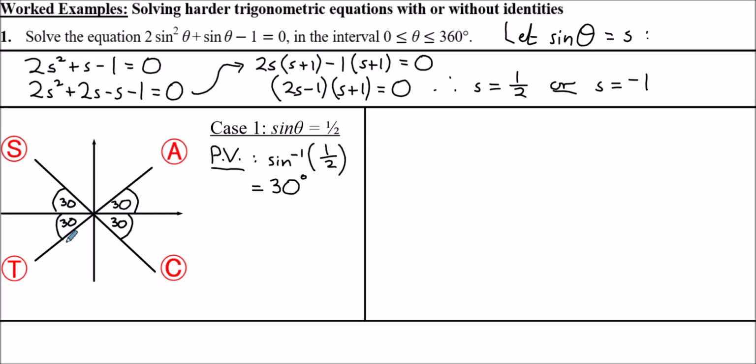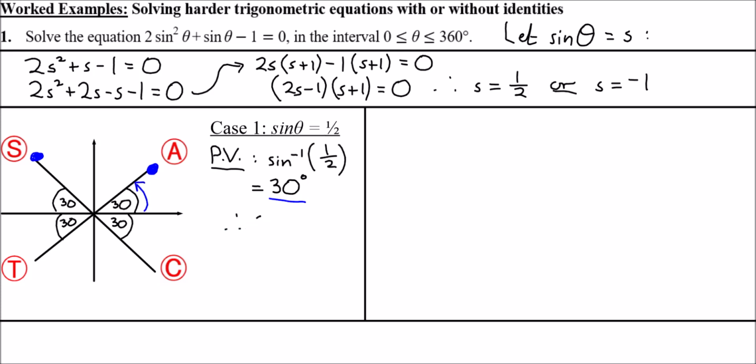Next we can see here sine theta needs to be positive half in this case. And so where is the sine function positive? Well, it's positive here, because A is for all trig functions positive, and it's also positive in the S quadrant. And so we can either have the value of theta be 30, which is this one.